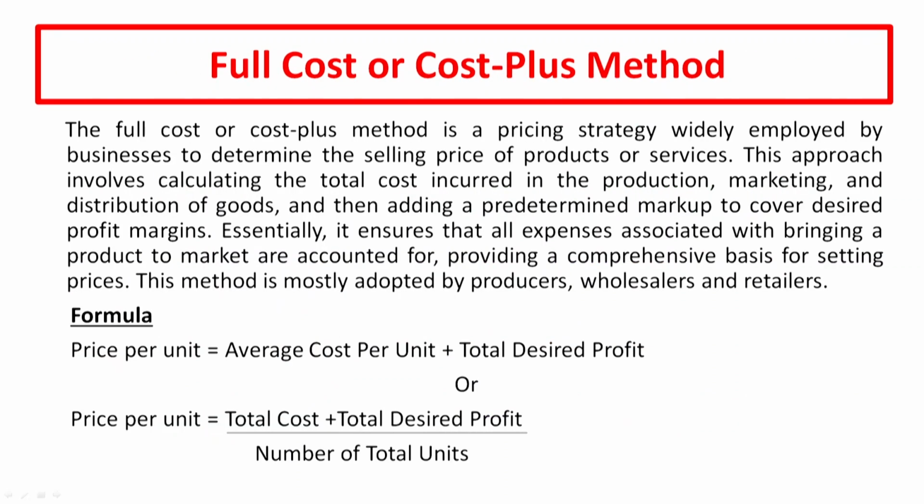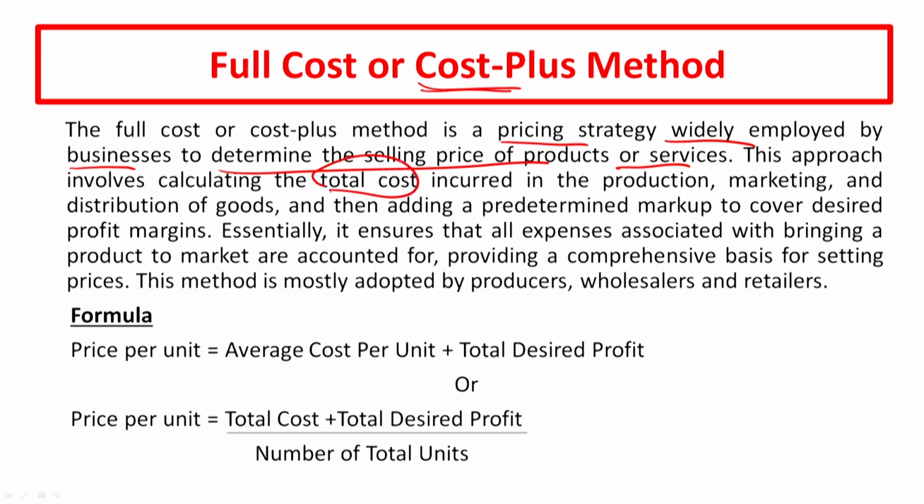The first one being full cost or cost plus method. The full cost or cost plus method is a pricing strategy widely employed by businesses to determine the selling price of the product or services. This approach involves calculating the total cost first of all.